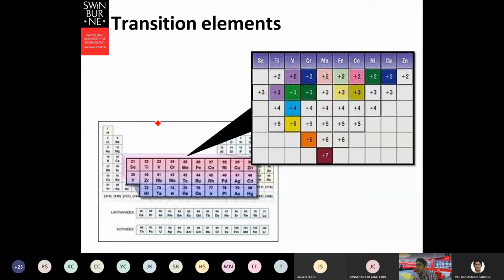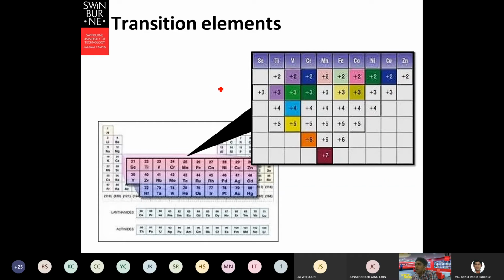Due to this variation of the oxidation state, the color of the compound changes. You can see from this table that titanium, when it is in the positive 2 oxidation state, does not show any color, but in the positive 3 state it shows a purple color.